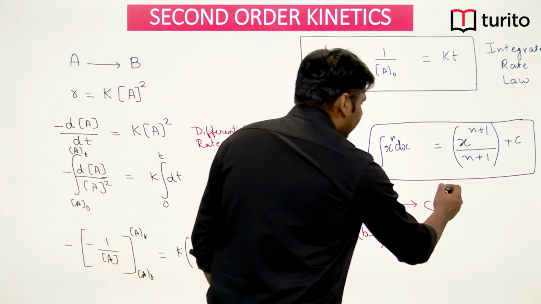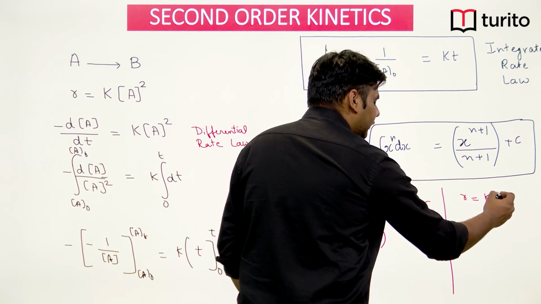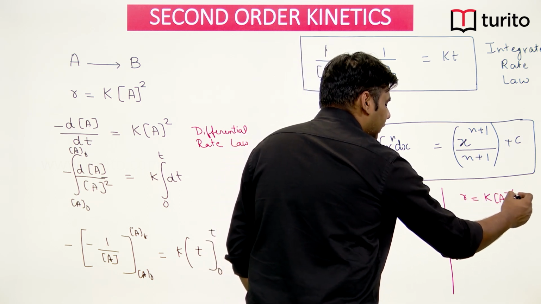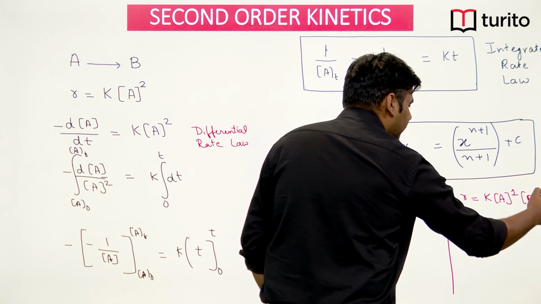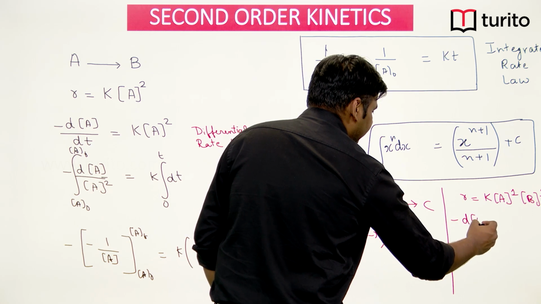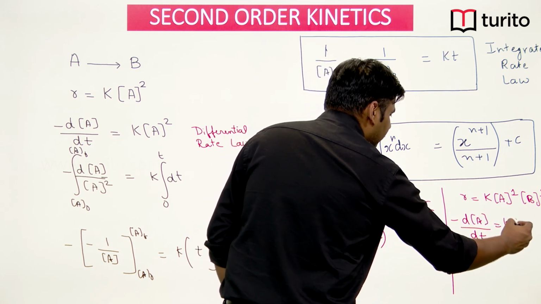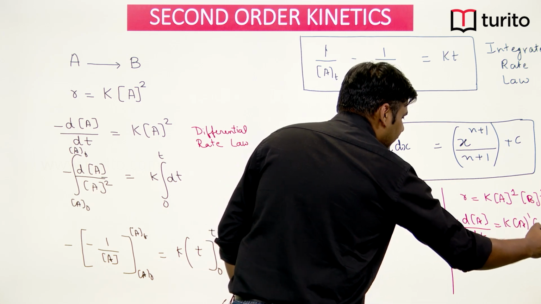So we can say that the rate law of this equation would be rate equals K into concentration of A raised to power 1 into B raised to power 1. Basically the rate we can write as minus dA by dt, equals K into A raised to power 1 B raised to power 1.